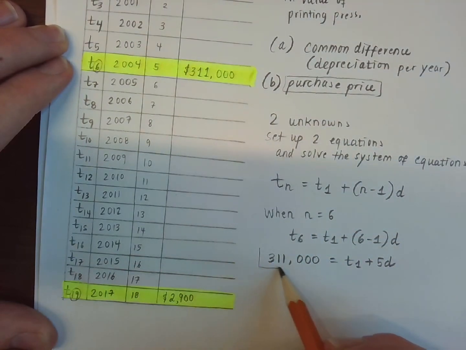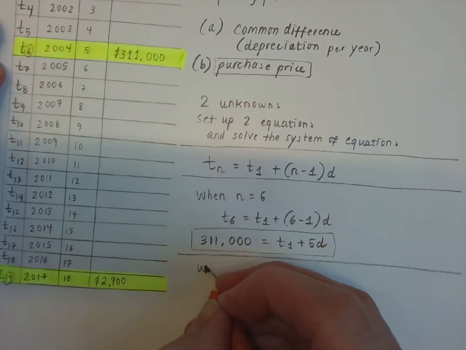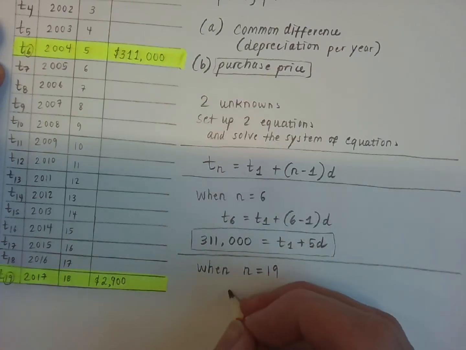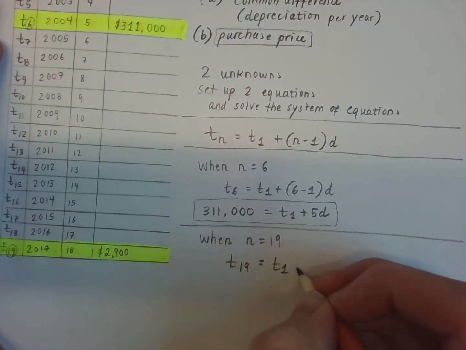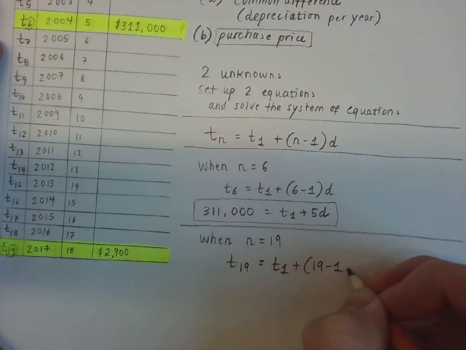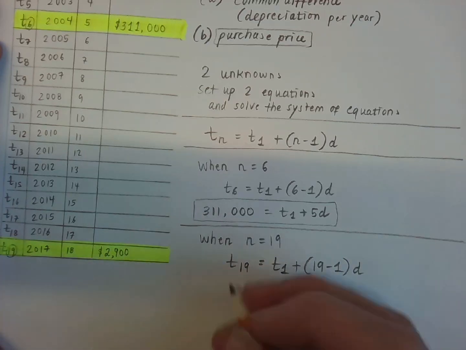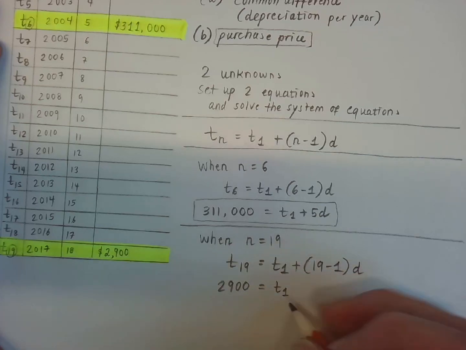So I have one equation here. When n equals 19, T19 equals T1 plus 19 minus 1 d, and T19 is 2900. T1 is an unknown. 19 minus 1 is 18d.